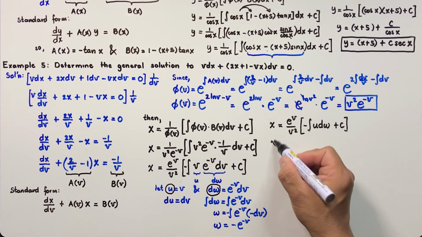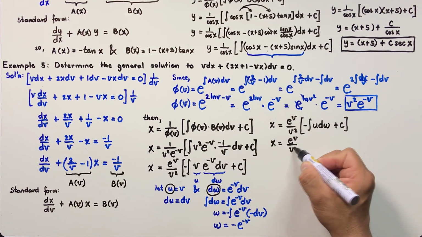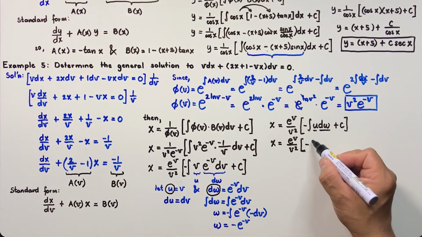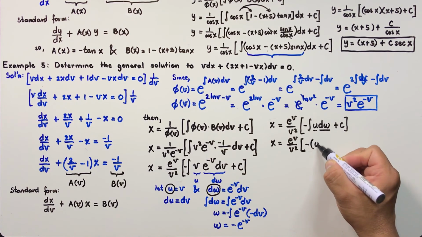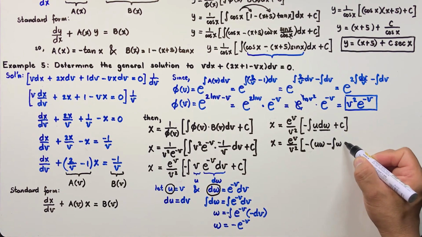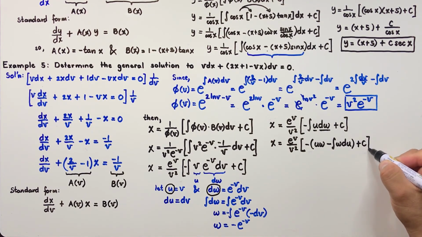So therefore x is equal to e to the power v over v squared, and we know that this is equal to uw minus the integral of w du here plus the constant of integration c.